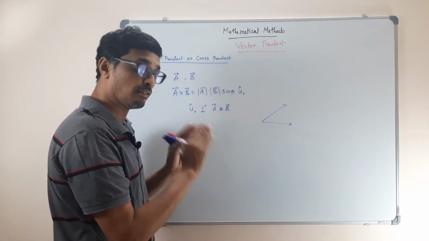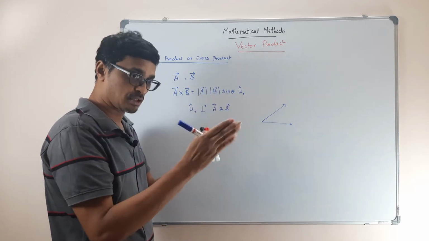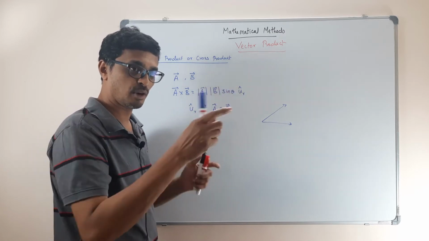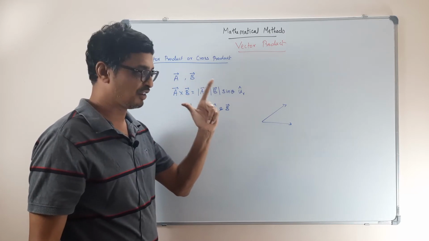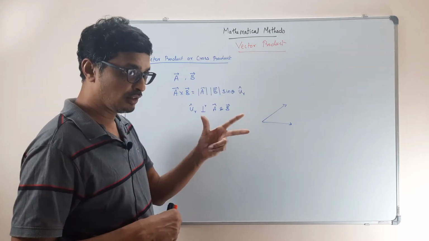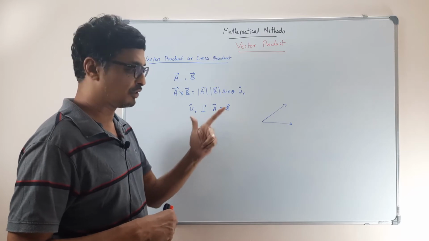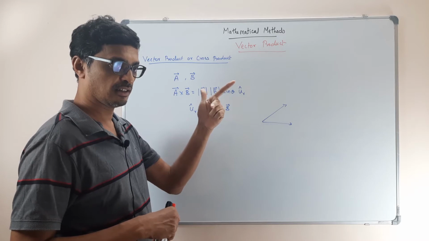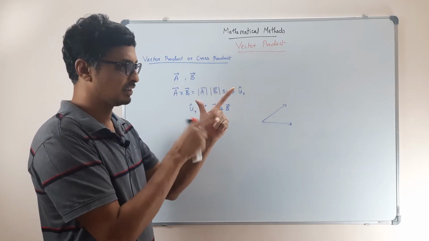In physics, when you multiply 2 vectors with a cross product to form a vector, the resultant vector will always be perpendicular to both the vectors. One example I gave you yesterday is Fleming's left hand rule, which you studied in your 10th standard: the field, current and motion. The first finger is the field, the thumb is the motion, and this is the direction of the current.